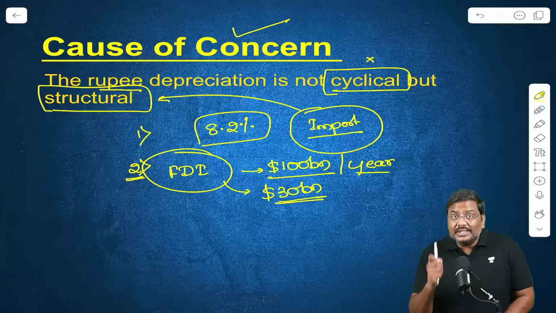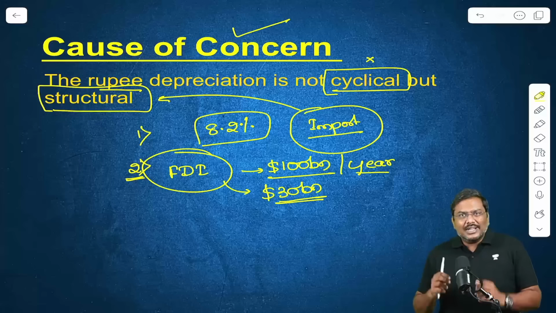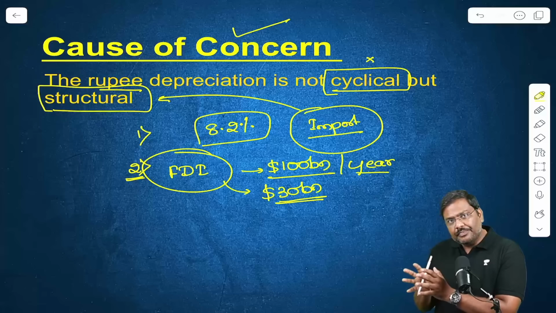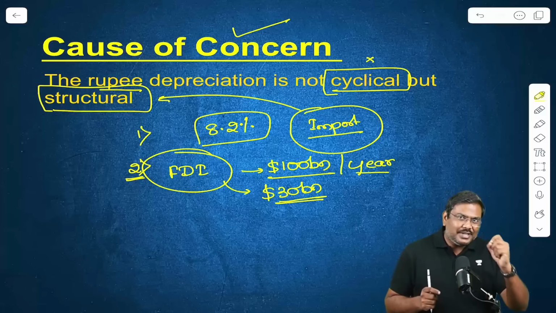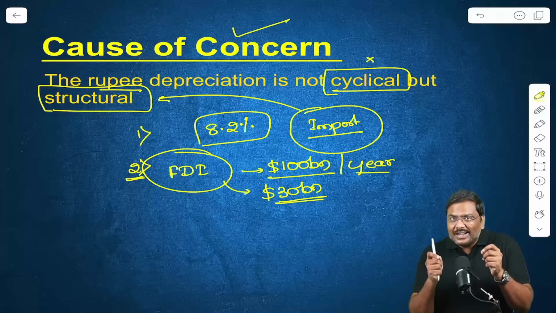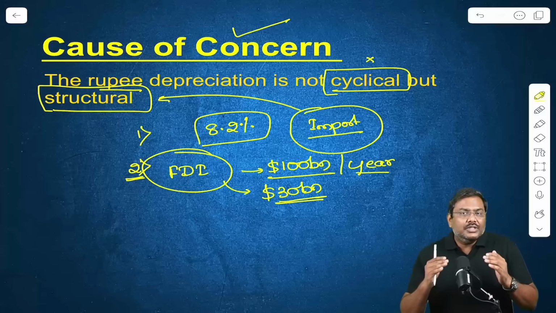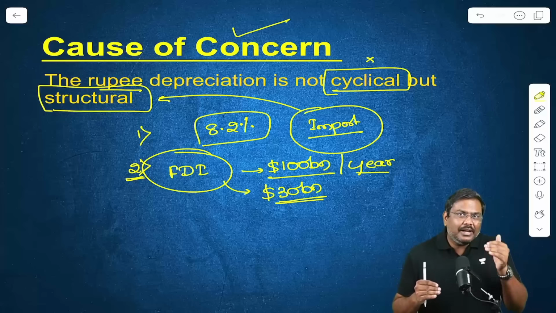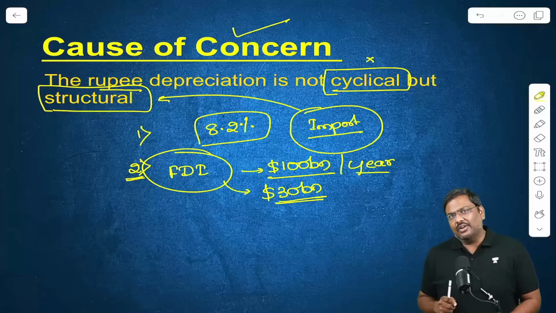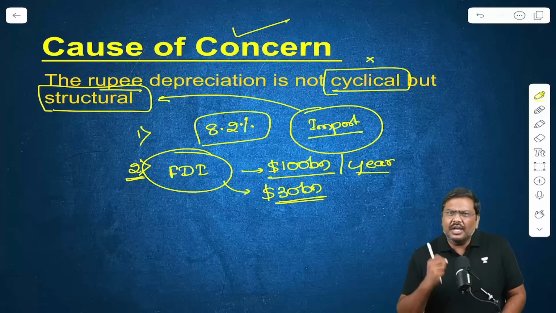The concern is, if you want to achieve higher GDP, you need to invest. In order to invest, you need to attract foreign investments. But the amount of FDI is not increasing at the pace which is required for the Indian economy. That is one more structural issue.